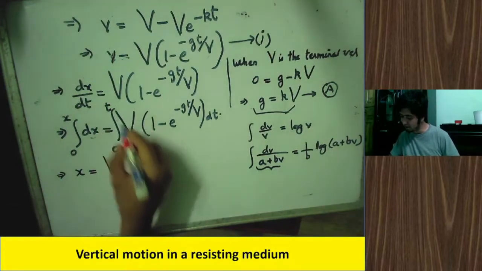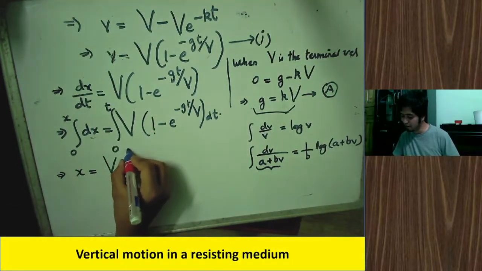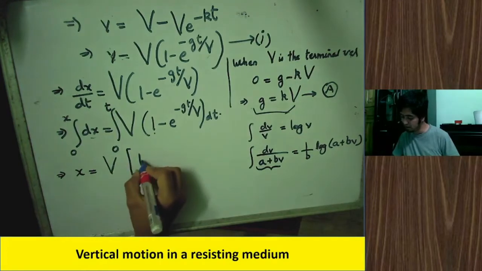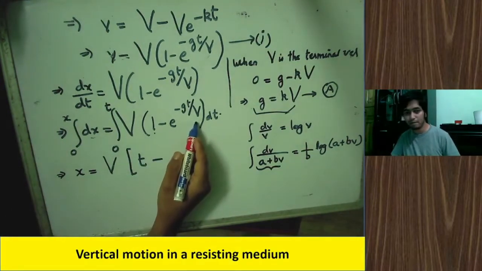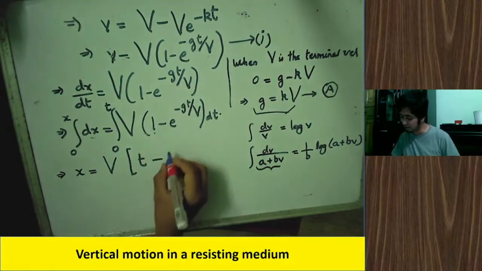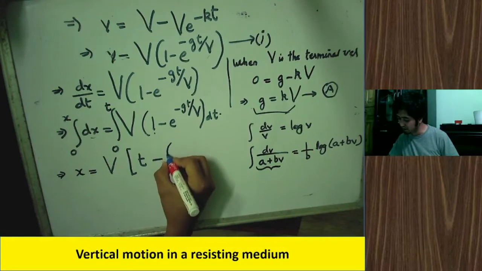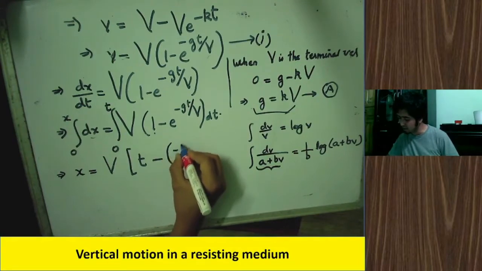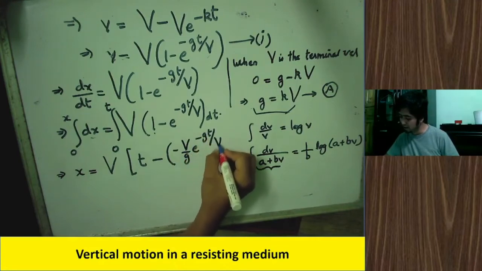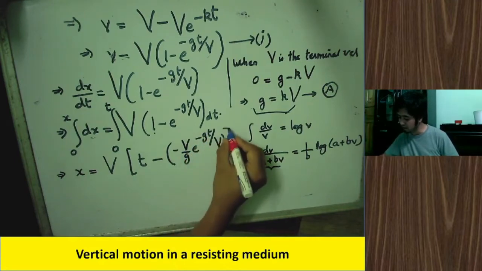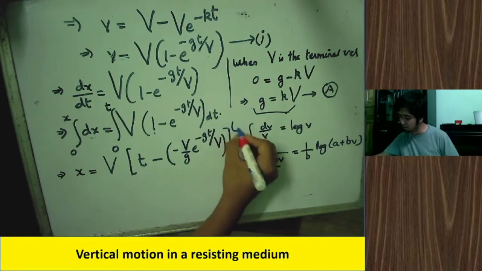Integration of 1 will give you t, minus integration of this one. It's similar to integration of e power minus x. We'll be having something like this, minus V upon g e power minus gt upon capital V. The time is from 0 to t.